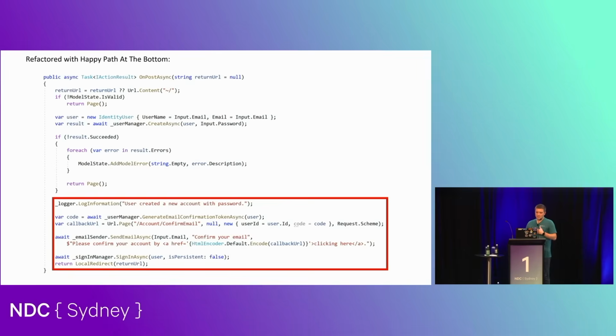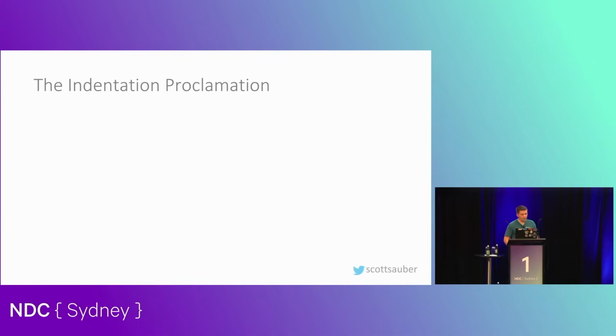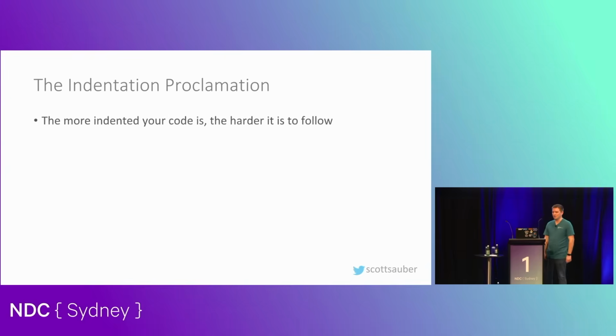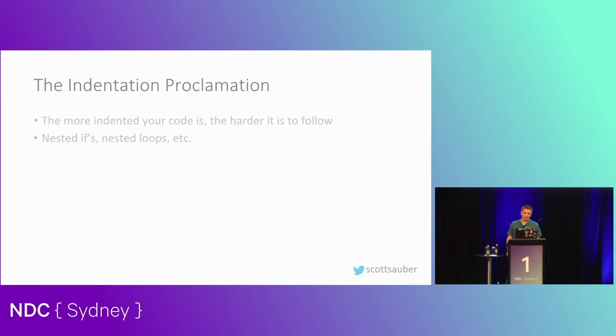And I think it just leaves a lot cleaner code, and it also doesn't violate the indentation proclamation, which is the more indented your code is, the harder it is to read. So if you've got nested ifs, nested for eaches, things like that, more than likely the code's a lot harder to follow, judging by how indented your code is.